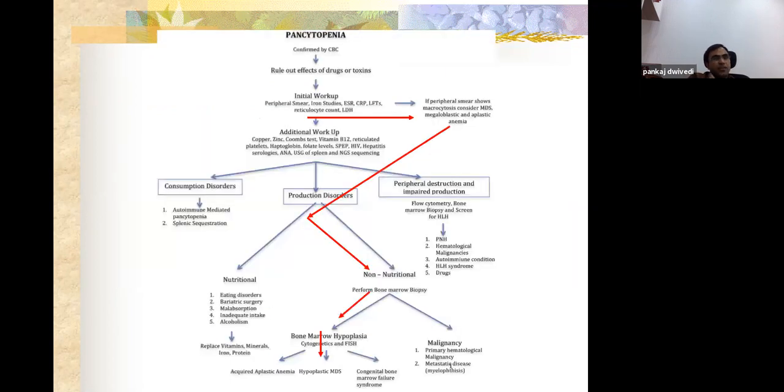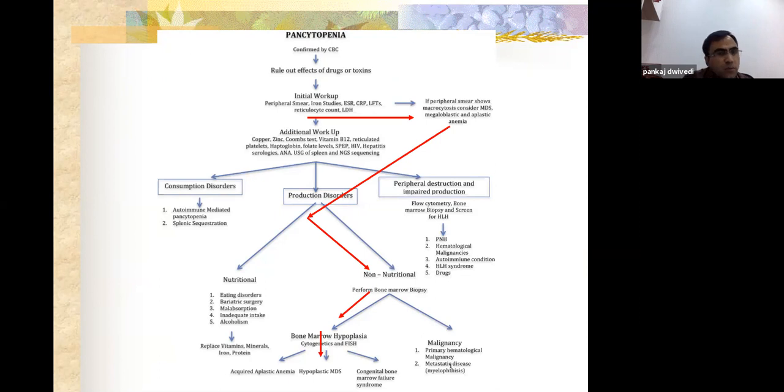Okay, so here it is the same. This is confirmed by the CBC: the child has a pancytopenia. On initial workup, you have seen macrocytosis on the peripheral smear, so you are dealing with either aplastic anemia, MDS, or megaloblastic anemia. There must be some production disorder. The child is good, taking good nutrition, so it may be a non-nutritional cause.